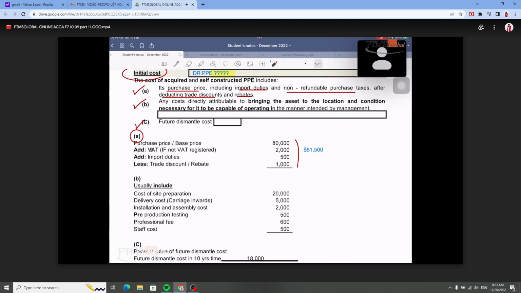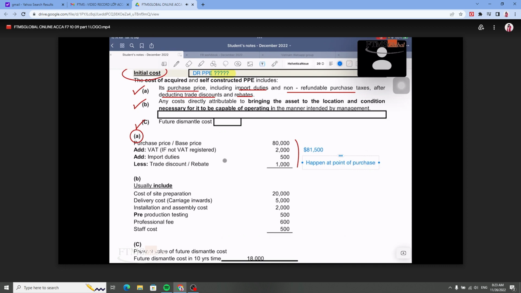A, purchase price, VAT, import duty, trade discount, all happen at point of purchase. So if you ask me what is A, I will say all the transactions happen at point of purchase. Okay, so I think that's the feature about A.